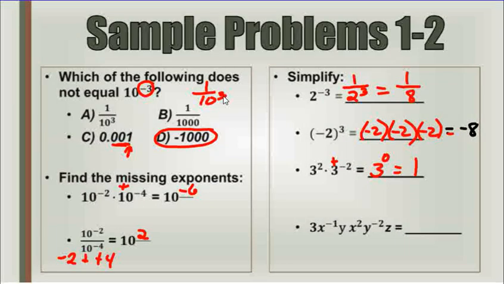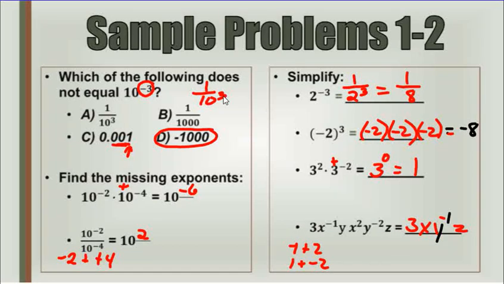And then I have some with variables in it. So I know I'm going to have 3 in my answer. x to the negative first plus 2 gives me just x to the first. And then I have y to the first plus y to the negative second gives us y to the negative first. And then I have a z.